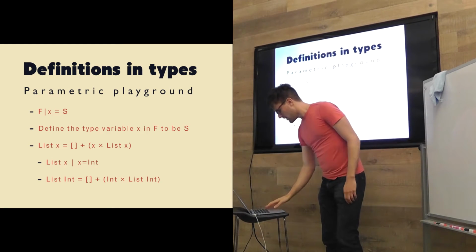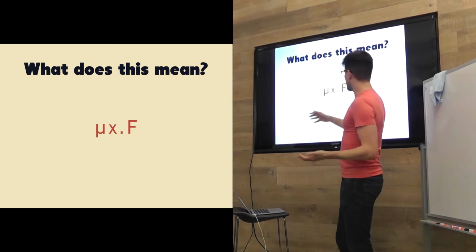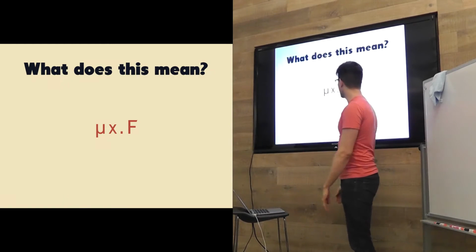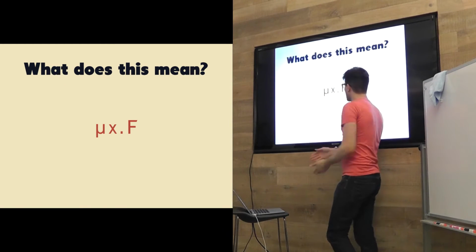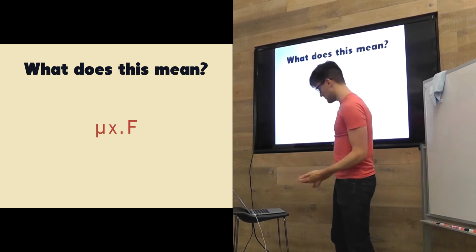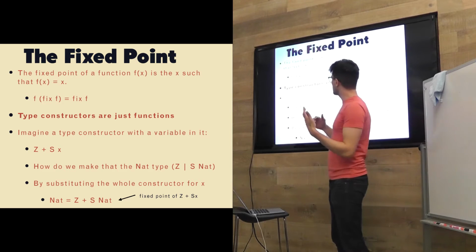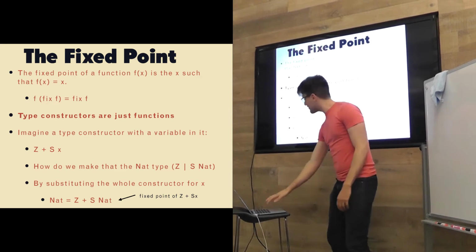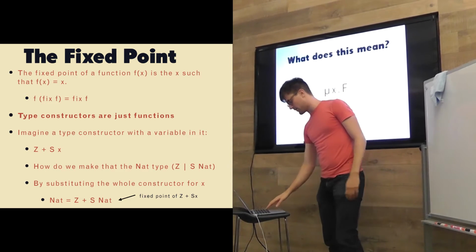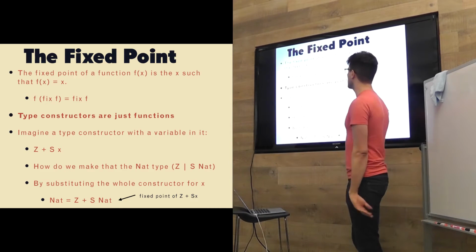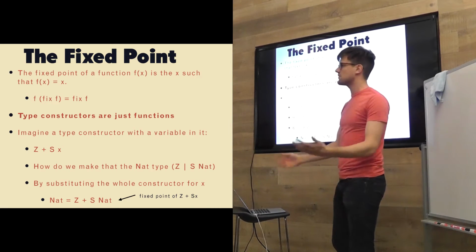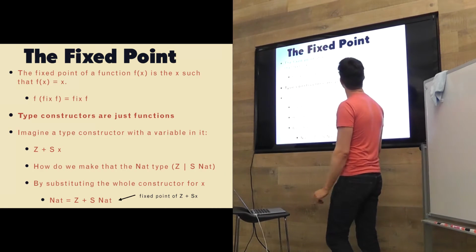If you see this, will you be like, I kind of know what that is? Yeah? Okay, good. So then, what does this mean? Because you see this a lot. Mu x dot f. Okay. What does it mean? As Wikipedia will tell you, this is the fixed point operator. Sometimes you'll see the word least attached to it. There's a difference, but I'm not going to get into it.